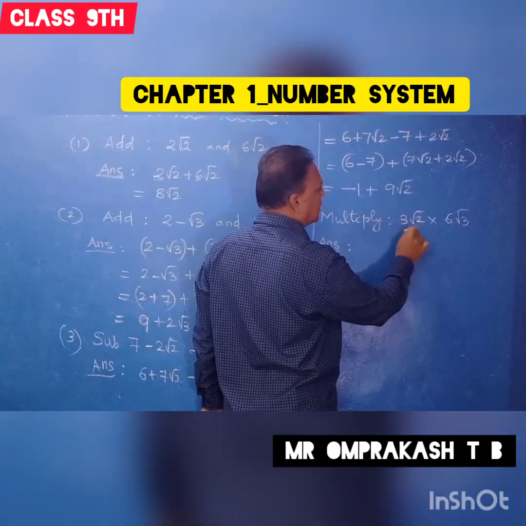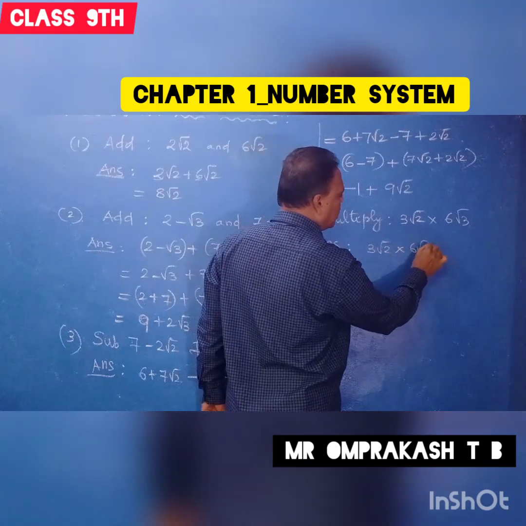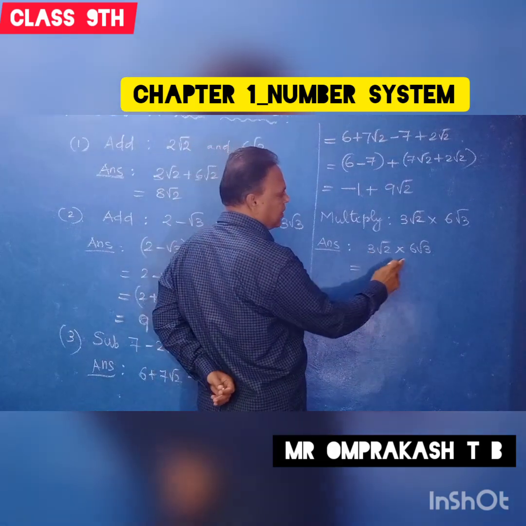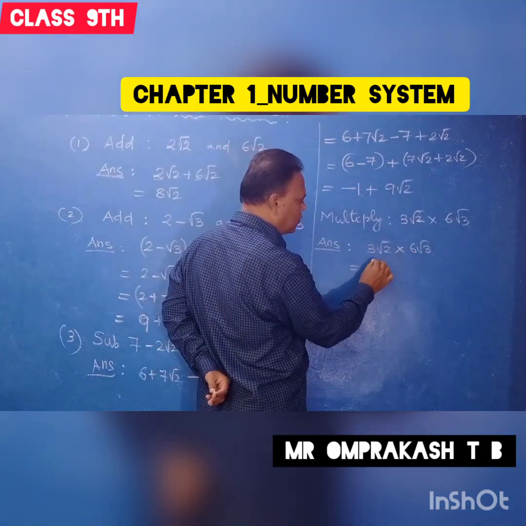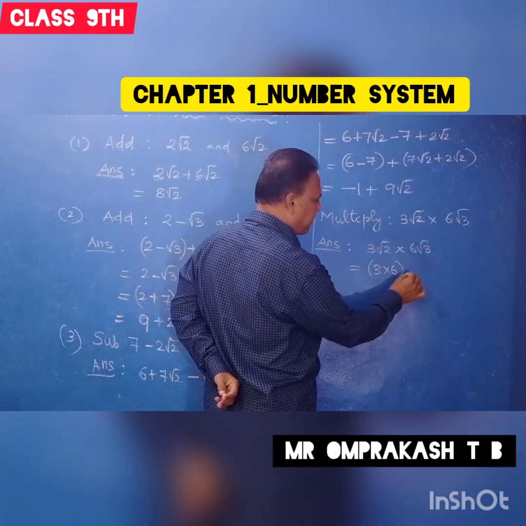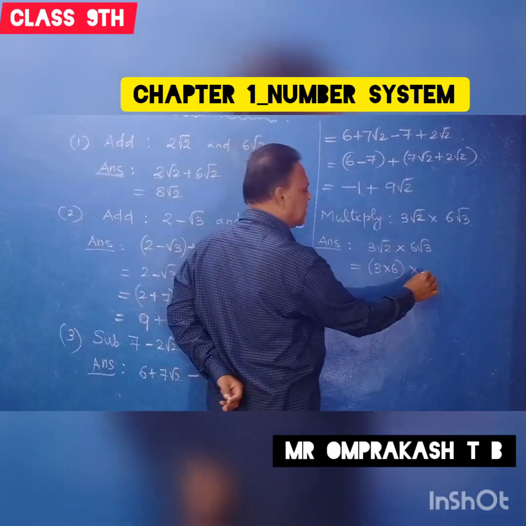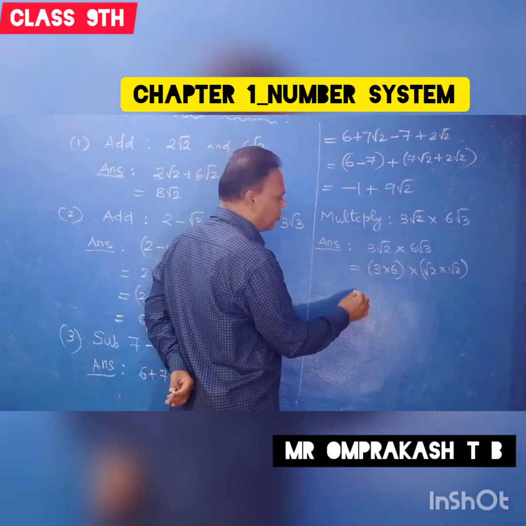So 3 root 2 into 6 root 3. How to multiply? First this number you multiply, 3 into 6. Group it. For the time being, don't worry about doing it straight away. First group it. Then the irrational numbers you group, root 2 into root 3.